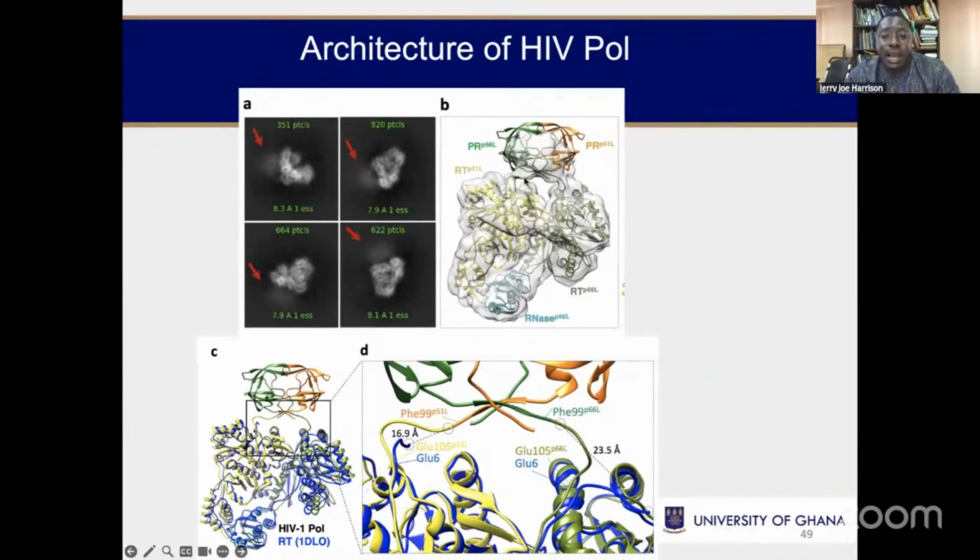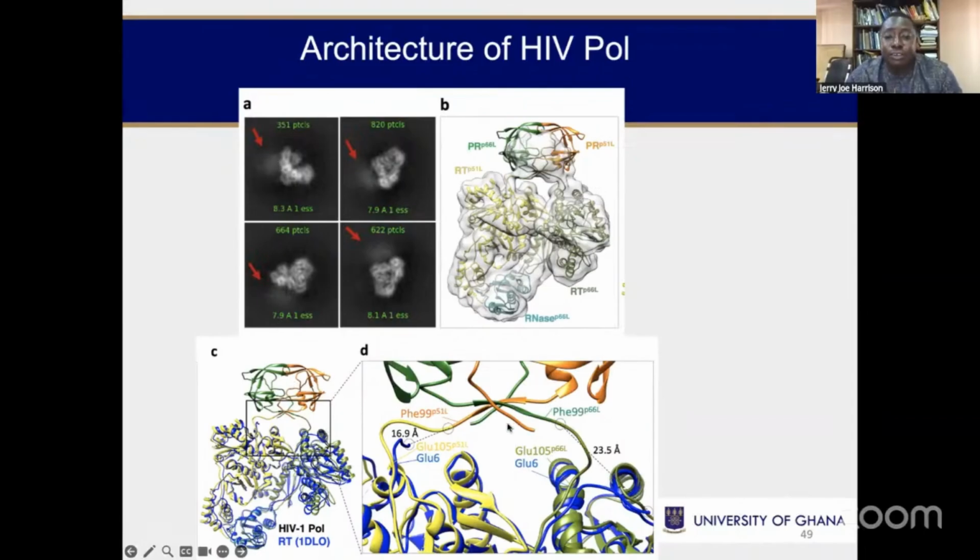When focused classification was done, there was a density that appeared close to the RT that matched the density for the protease. Here we were able to recover the protease density quite nicely, and we could improve it to a point where a model could be built for the fuzzy density that was there.